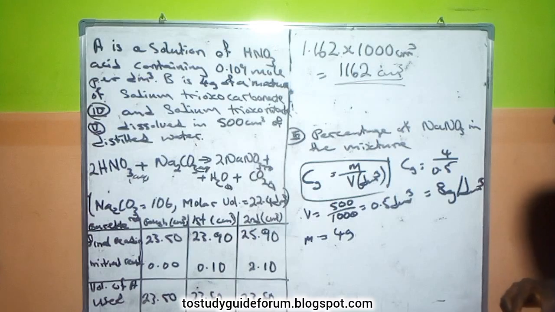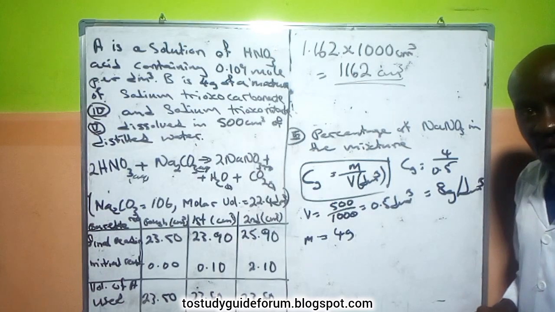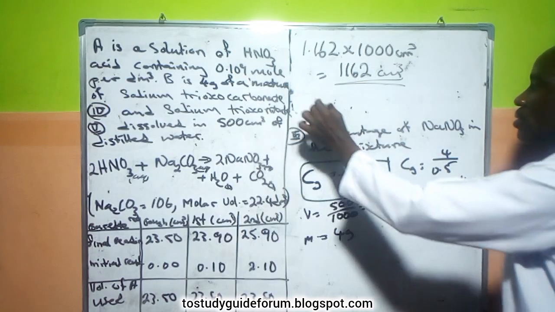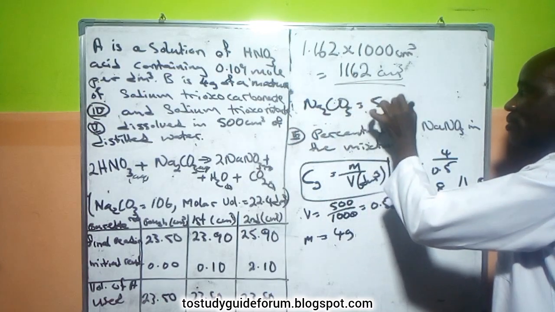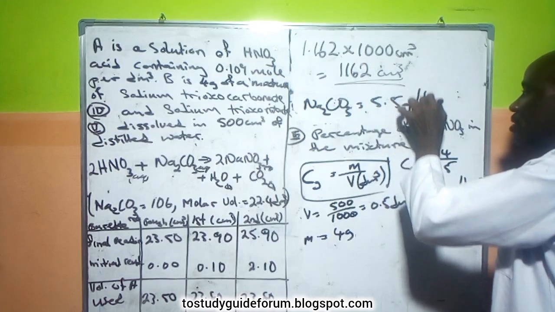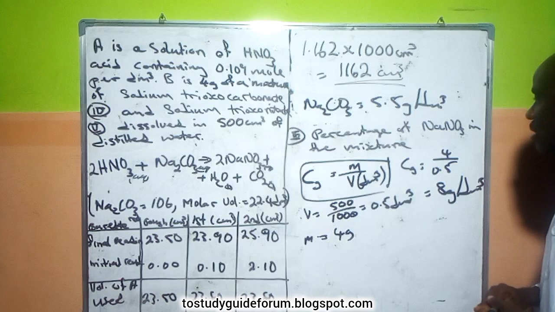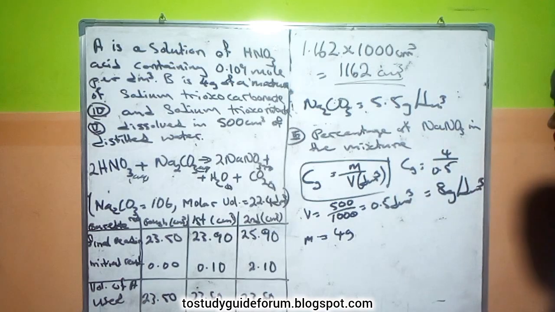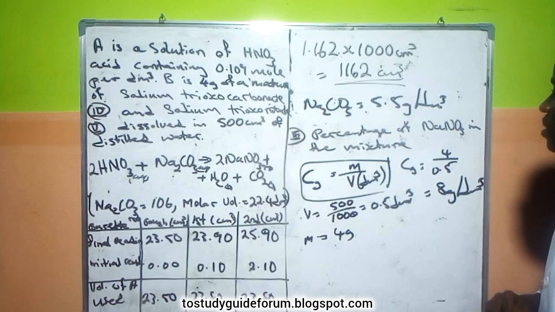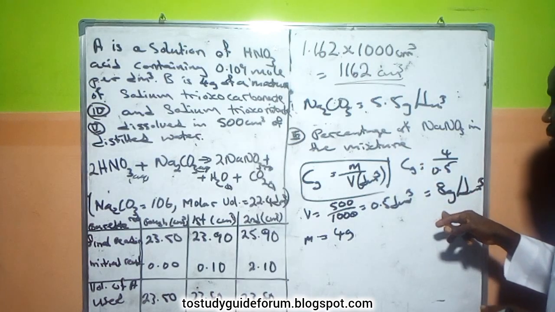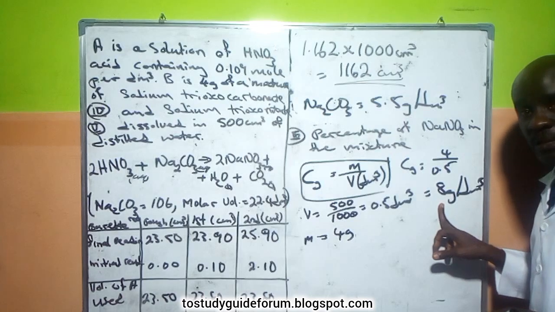But remember that the mass of sodium trioxocarbonate IV we have in this is something like 5.5 grams per dm cube. So before you can get the percentage of this in the mixture, you need to know the total in 1 dm cube.